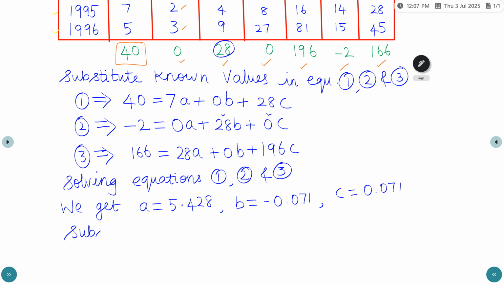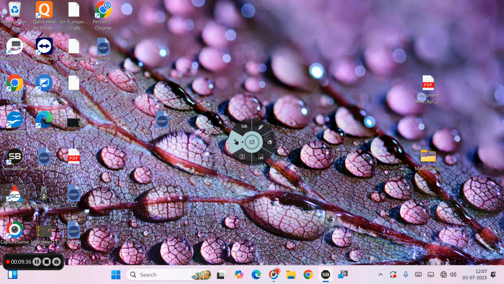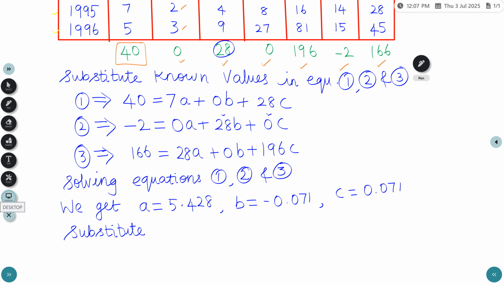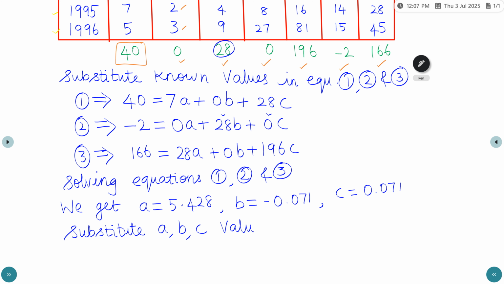Substitute a, b, c values in equation A. So the A equation is y equal to a plus bx plus c x square.